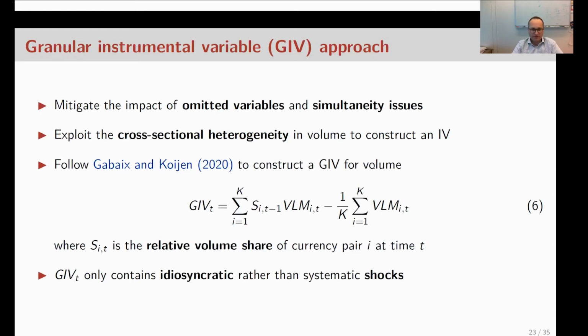Volume-wise, it's a totally different ball game. And the idea is precisely to follow Gabaix and Koijen to construct a GIV variable where we're, on the one hand, conducting some size weighting of the volume measures, and then we're subtracting an equally weighted volume measure. By doing so, we're essentially isolating the idiosyncratic rather than systematic shocks. And this is then the variable that we're using as an instrument in our panel regressions.